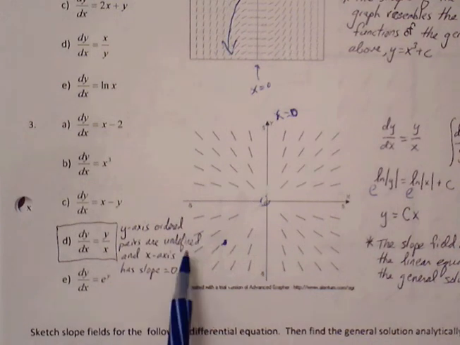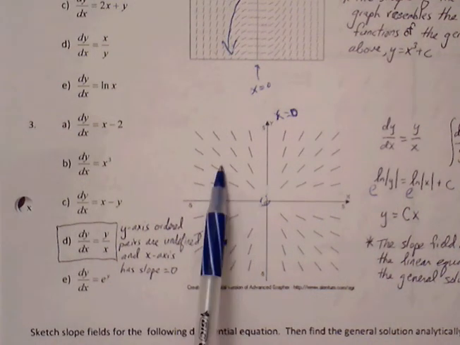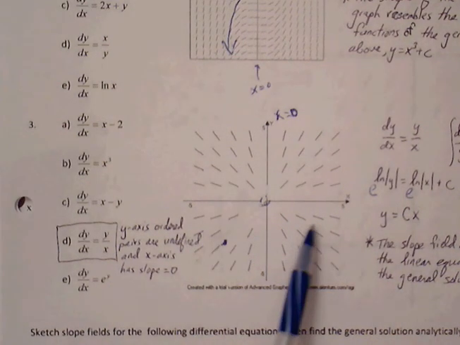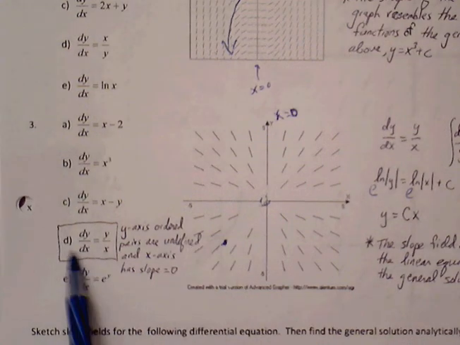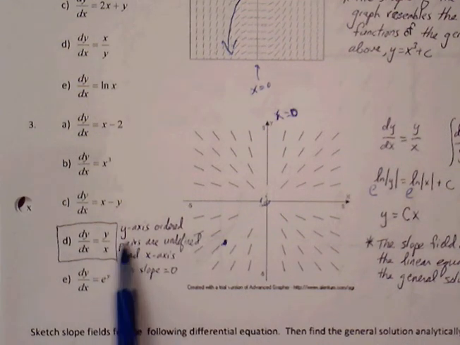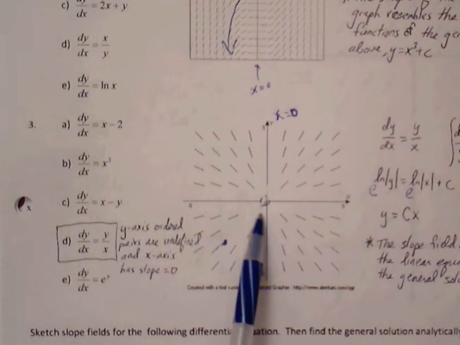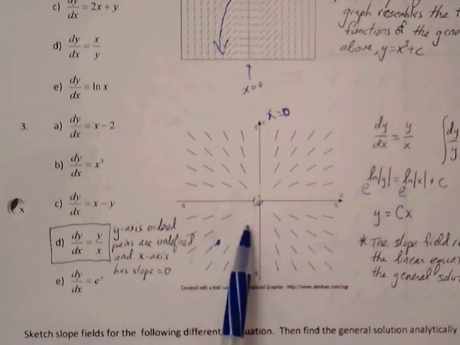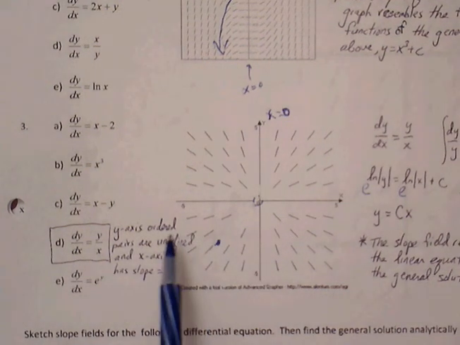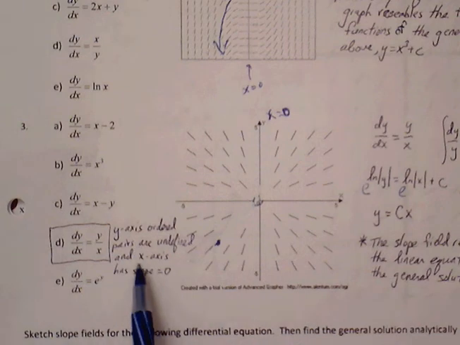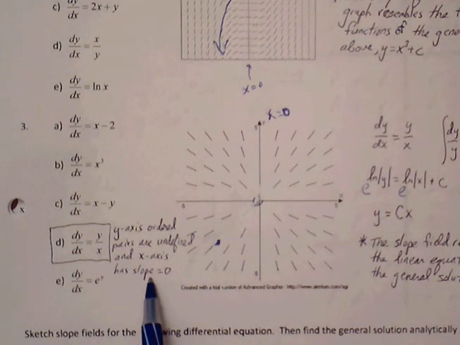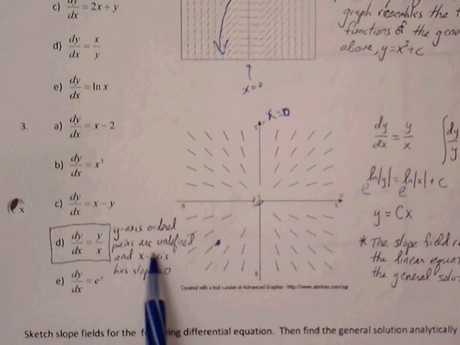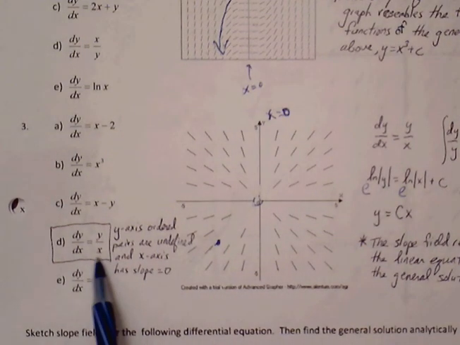So that's going to bring us to part D. There's an x in the denominator, and by looking at the characteristic of this graph, this matches because the y-axis ordered pairs are undefined, and the x-axis has a slope of 0. And so we expect that from this graph. So the answer choice is D.